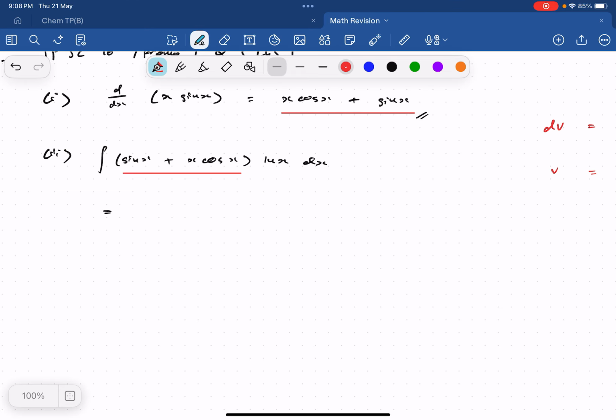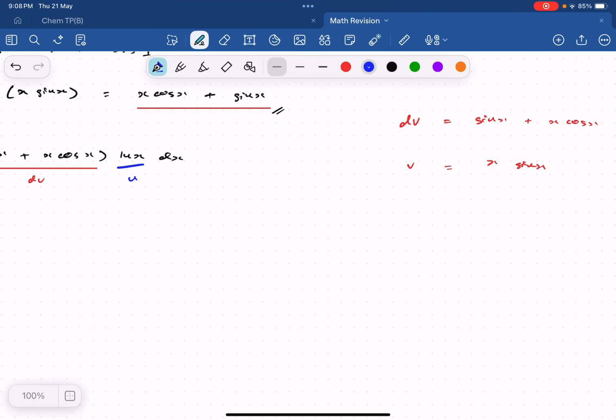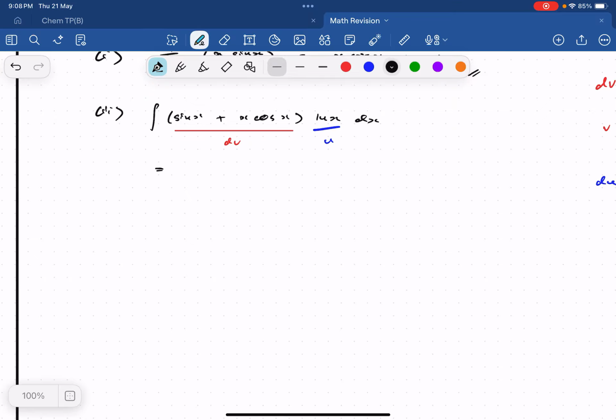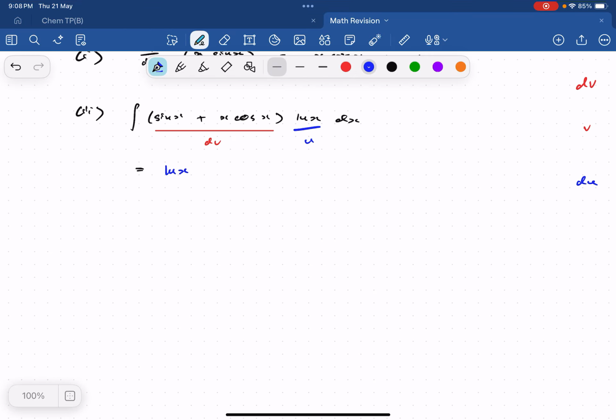So, in this case, if this is going to be my v, it means the other function must be my u. So this is my dv, this is going to be my u. If my u is ln x, then what's my du? 1 over x lah. And I am going to write all of that down. So I have uv, v is x sin x.